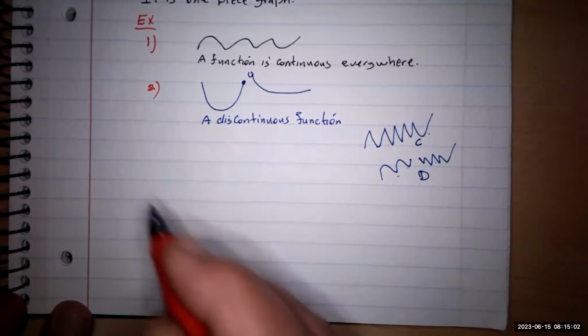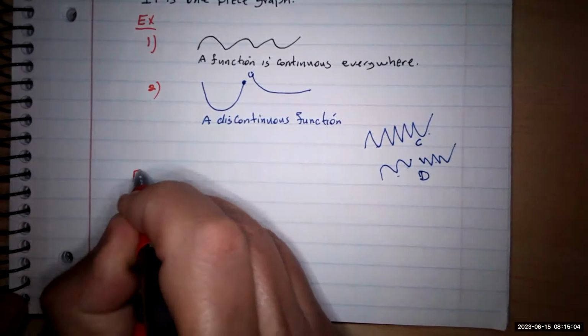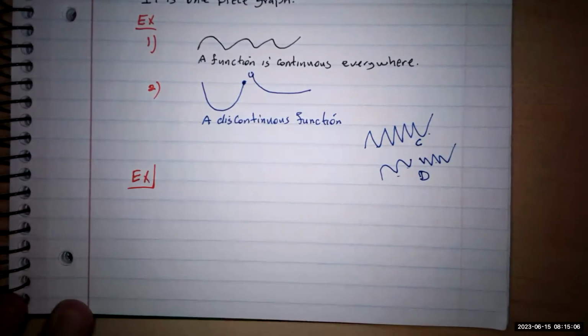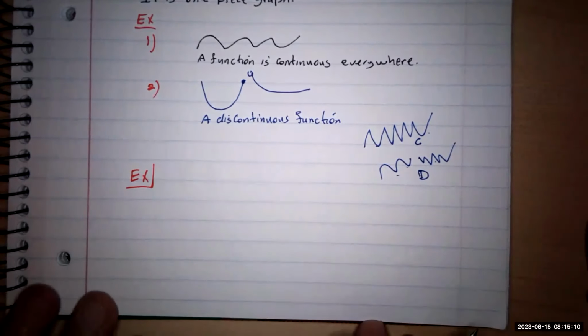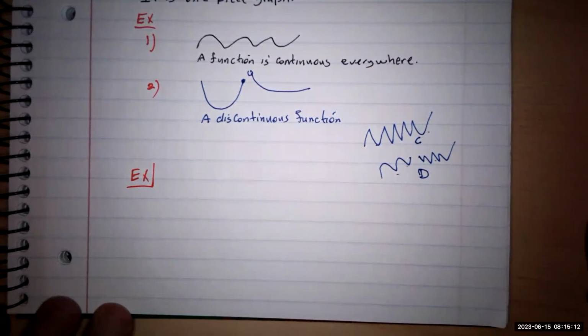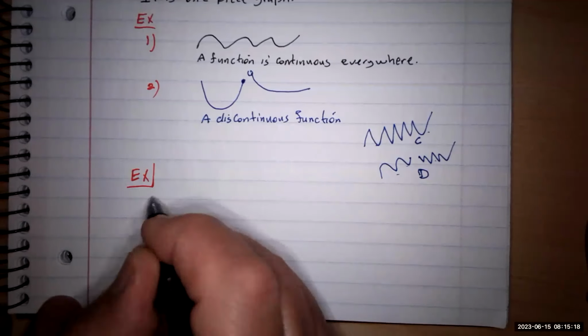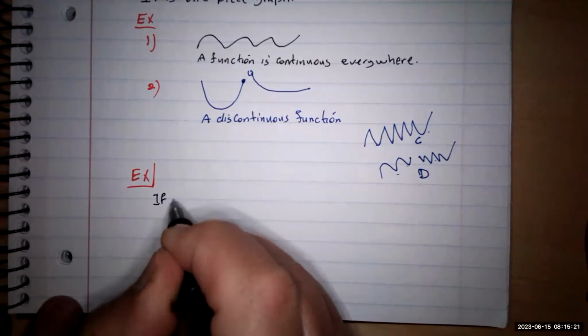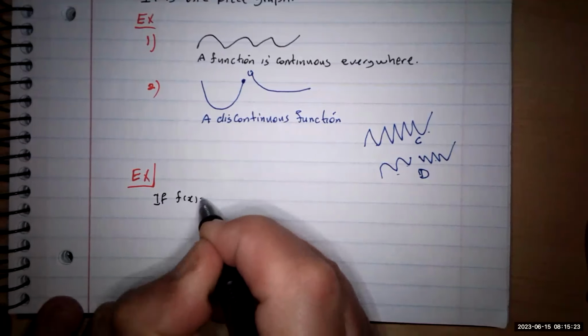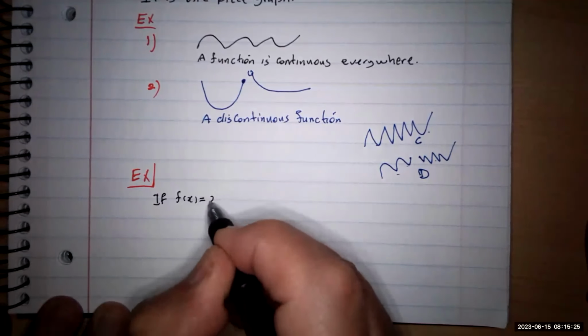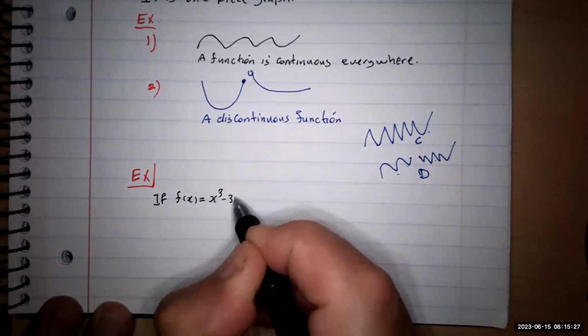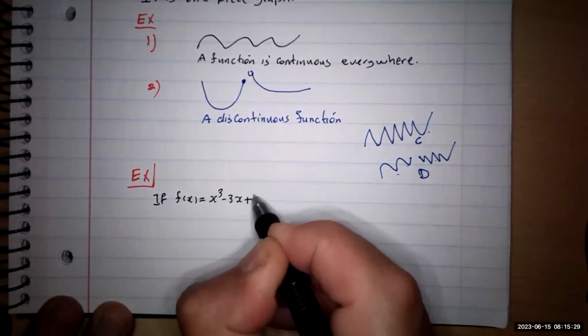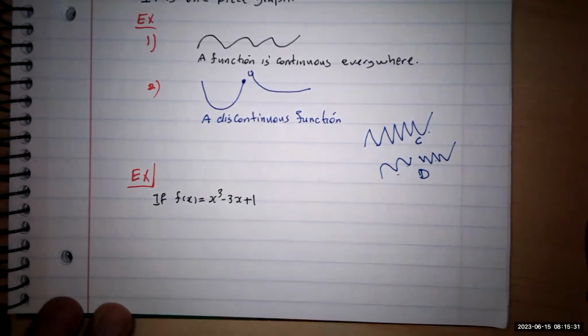So let's get some familiar examples. We want to know where these functions are going to be continuous. The best one is polynomials. We already talked about direct substitution. So for example, if f of x is equal to x cubed minus 3x plus 1, you know that this is a polynomial.